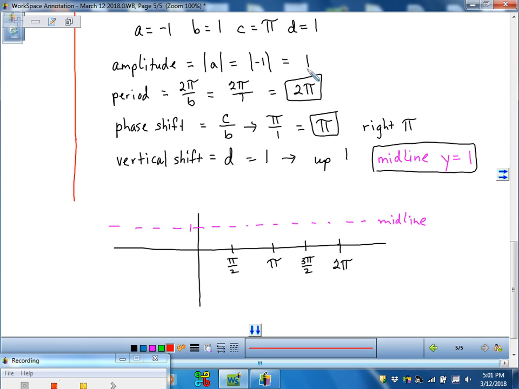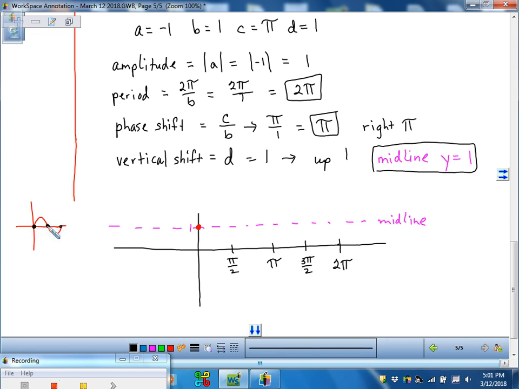We have an amplitude of 1, so remember this is the sine graph, so on your parent of your sine, the parent starts at 0, 0. We're shifting up, so we're going to start at 0, 1. We want it to have an amplitude of 1. So notice on your sine graph that you have 3 points that are on the midline.